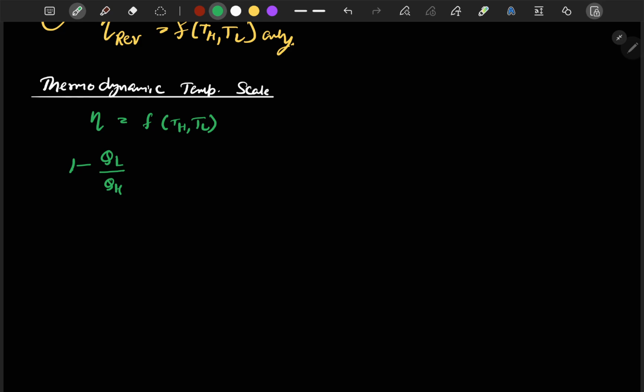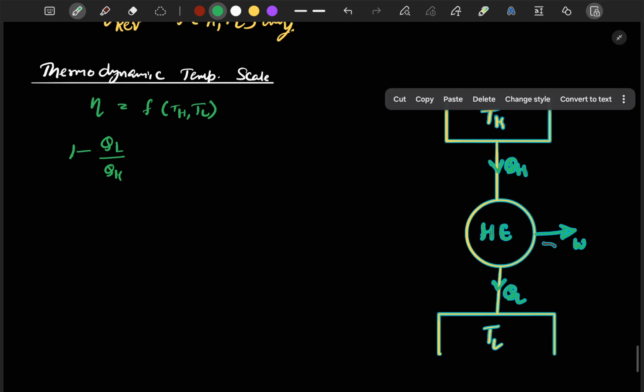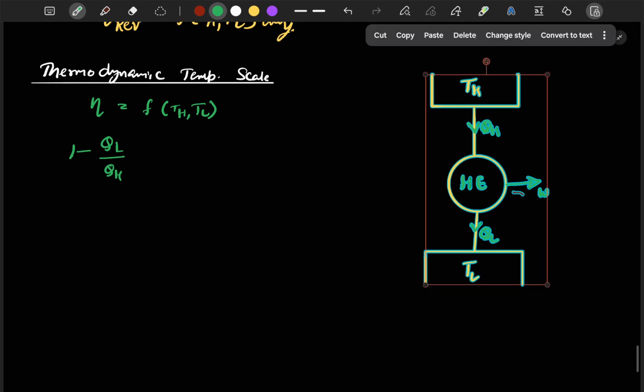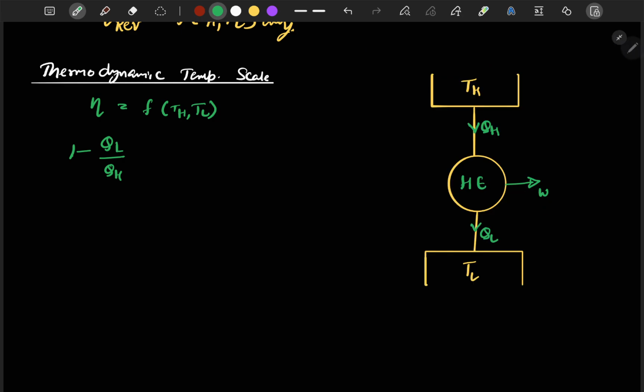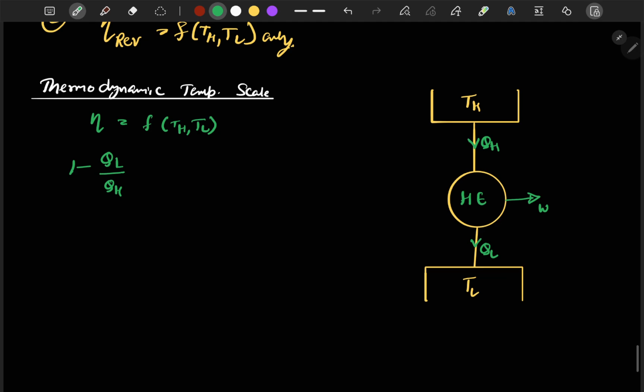We know this, let me show something. So let's see that this is a standard heat engine. From here we can see that efficiency, the desired effect, 1 minus QL by QH, we can directly write as this. So this will be equal to a function of TH comma TL.